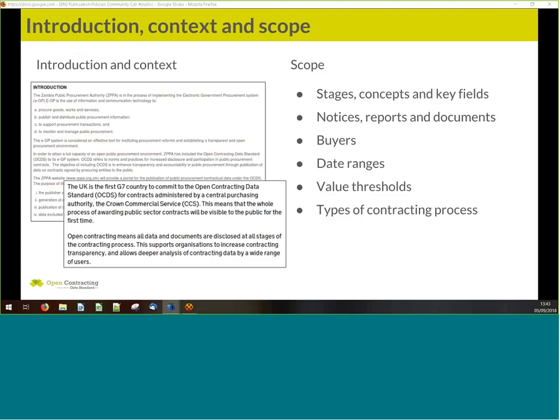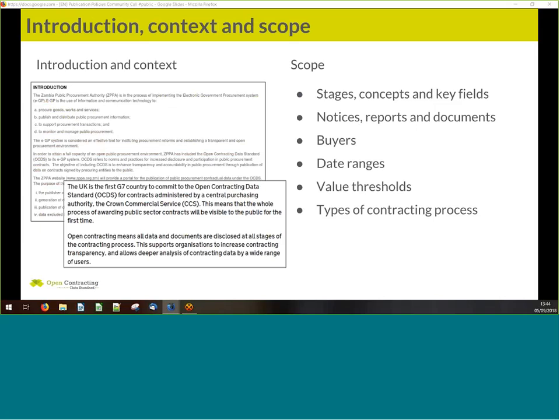So to tackle the first point there, in terms of providing an introduction and context, that's really important to help users understand why the data is being published and how it fits in the context of wider reforms to public contracting. The other thing we recommend you provide is a summary of the scope of the data, to help users understand the limits of the data without having to analyze the whole data set.